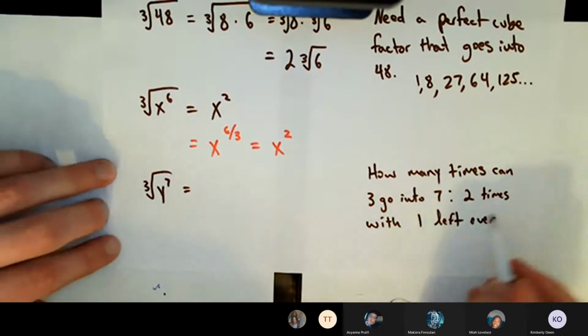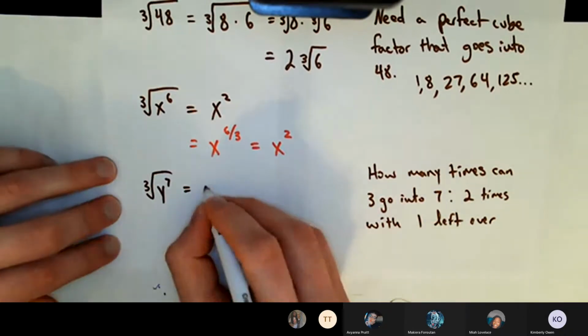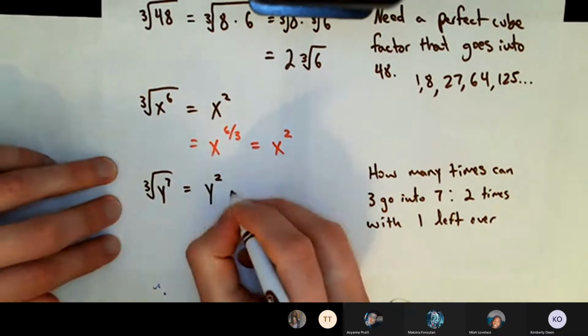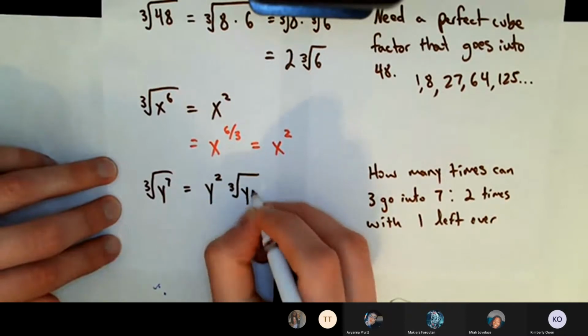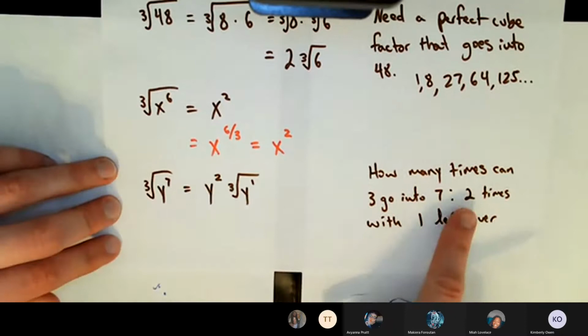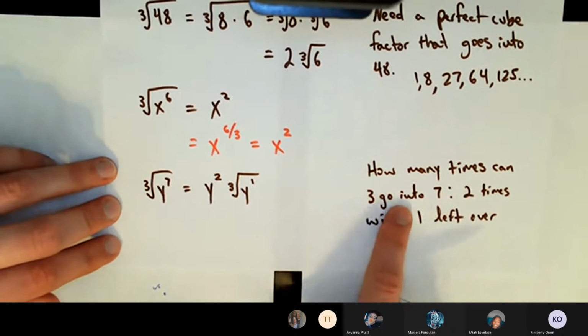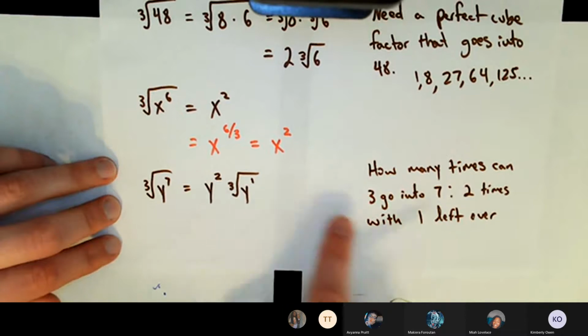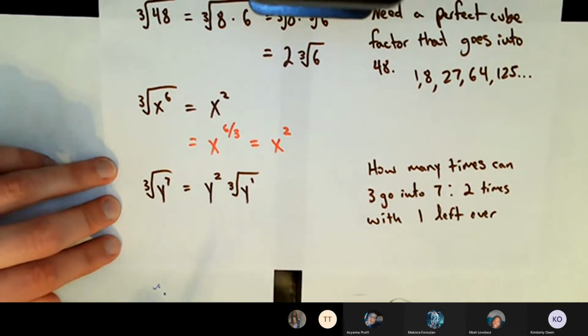The 2 whole times that 3 goes into 7 comes on the outside, and that's the exponent on the y. The 1 left over is the y that gets left under the radical with an exponent of 1. So there's the 2 times. How many times does 3 go into 7? Twice, with 1 left over. Left over meaning left in the radical.